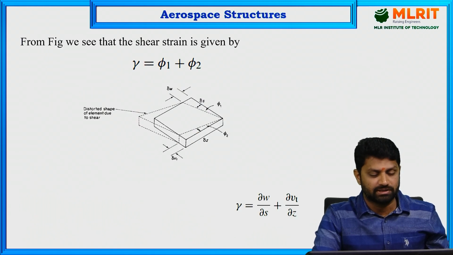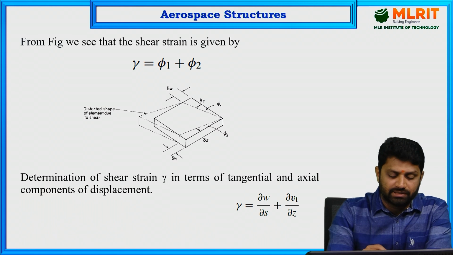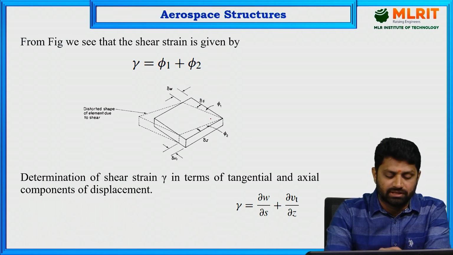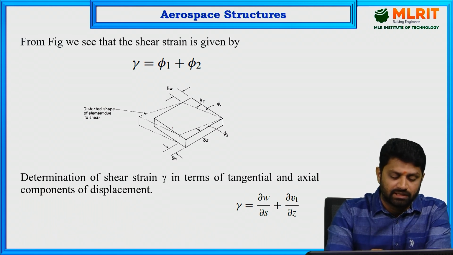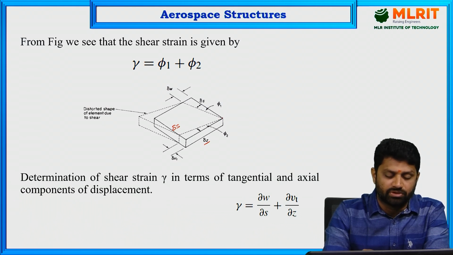If you look at this diagram clearly, this is the normal rectangular element we considered, with sides delta S and delta Z. You can see clearly that by the application of the shear stresses the shape is going to distort.